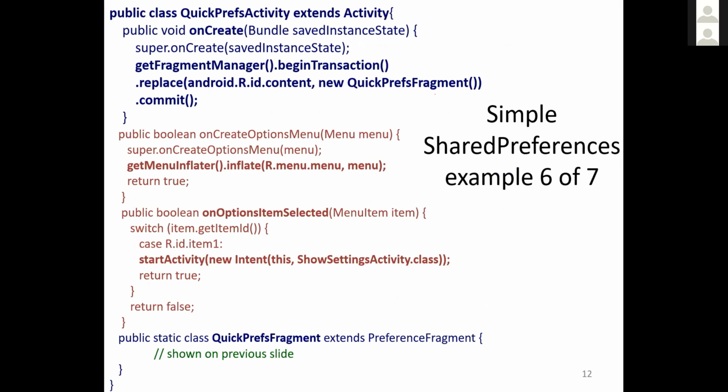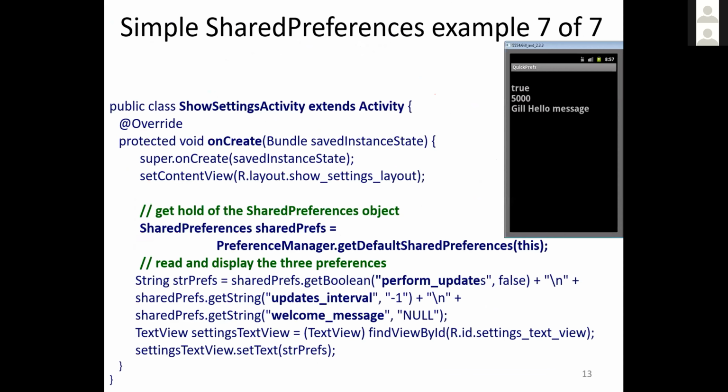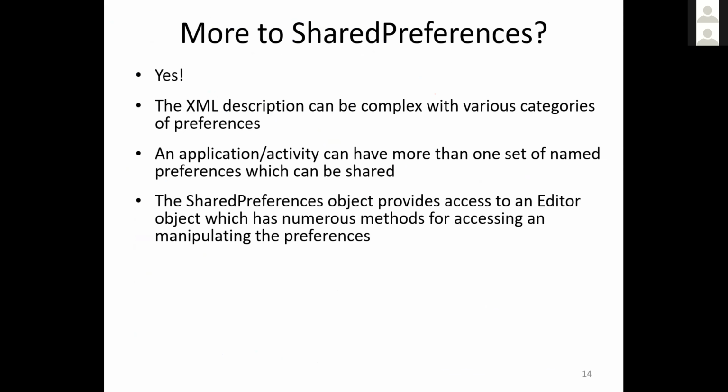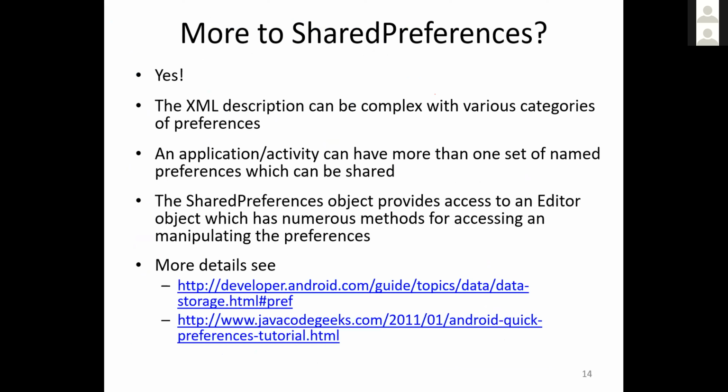That's why our approach, if you look at the example that I gave you, was a different approach, by use of the editor to save data to the shared preference.